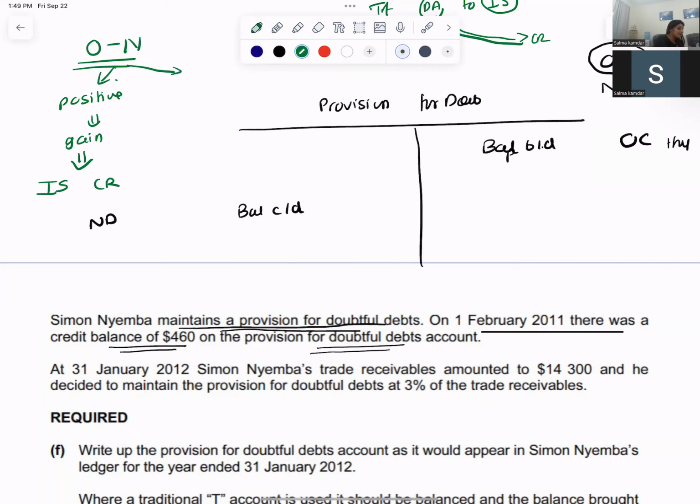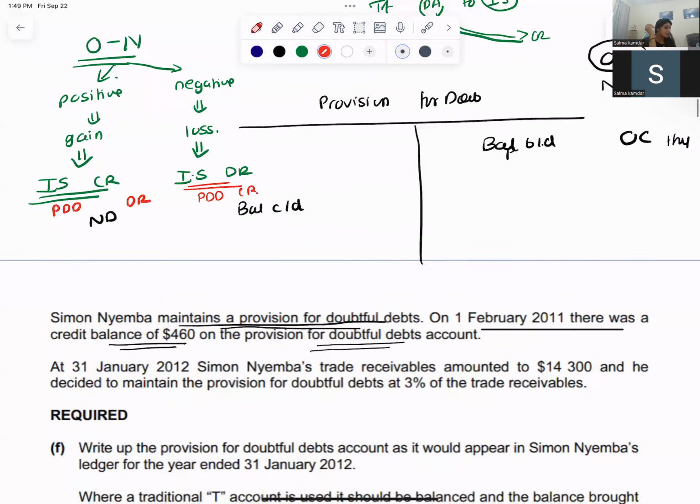If old minus new is negative, that means it is a loss for me, and it would be income statement debited. If income statement is credited, provision for doubtful debts will be debited. And if income statement is debited, provision for doubtful debts is credited.